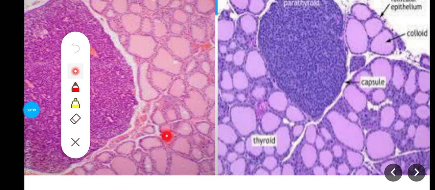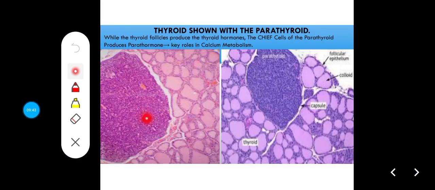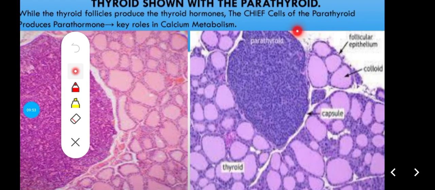See that? The follicles. Then the parathyroid gland. So the cells in the parathyroid gland are much more packed together. And then you can find few fat cells in the parathyroid gland, though they are not visible here.